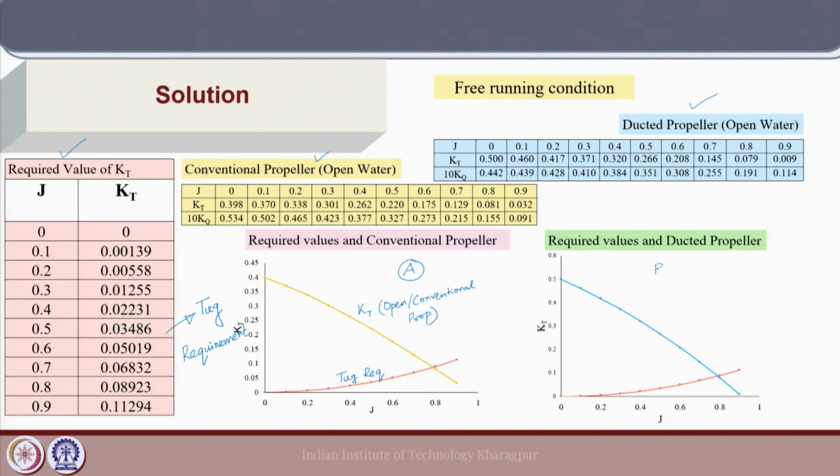And in plot B, we have again the tug requirement given by the red line and the KT for the ducted propeller.